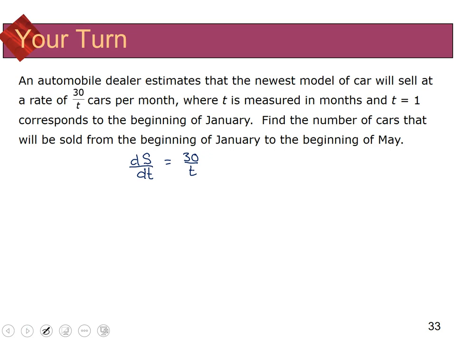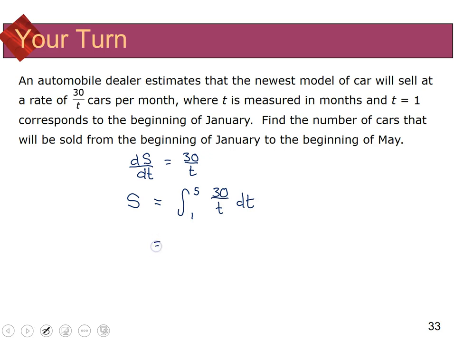To figure out the number of sales, it's going to be the integral from, since t equals 1 corresponds with January and I'm going from January to May, months 1 to 5 of 30/t dt. This is going to give me my total number of cars sold.